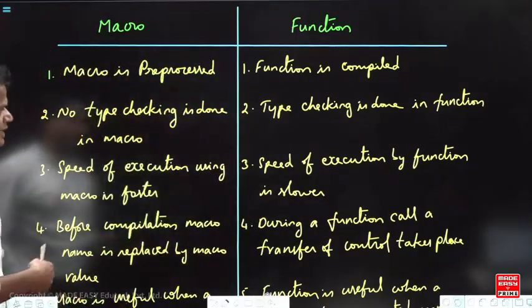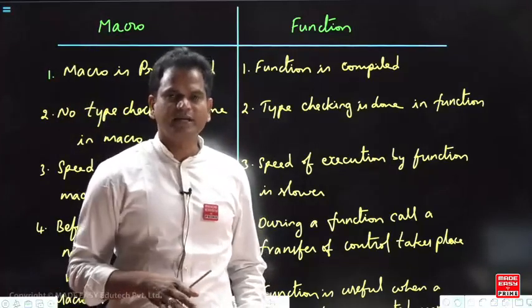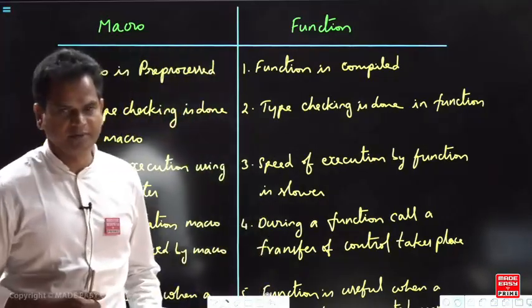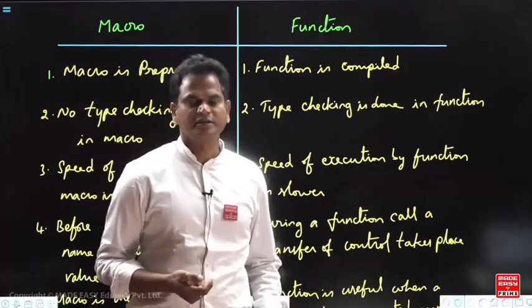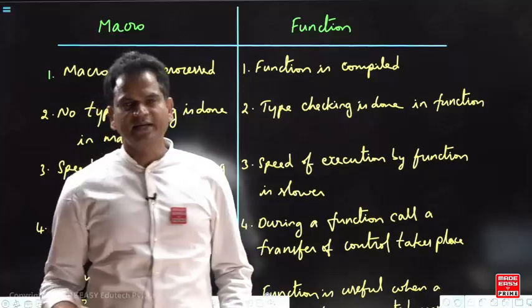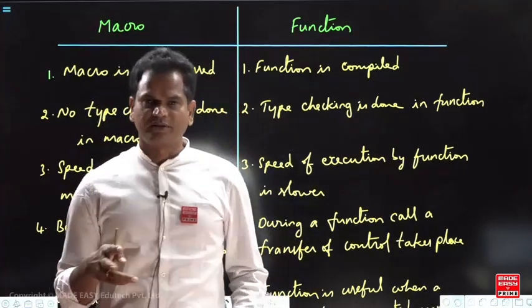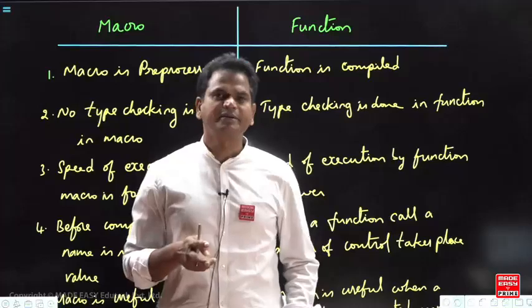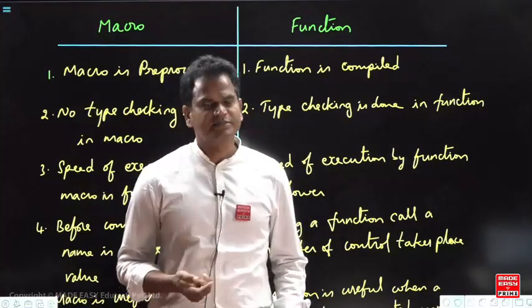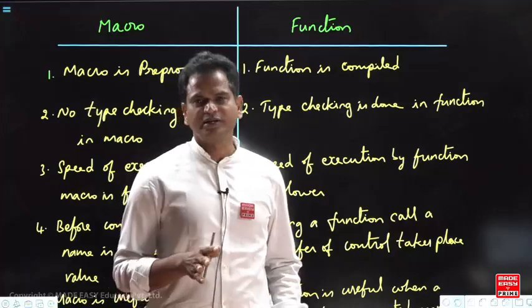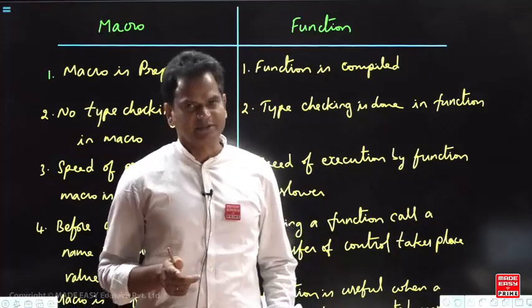If you are trying to do some operation between two variables of different data types, for example A and B are two different variables, and A is of integer data type and B is a float number, then doing some operation between A and B is a type checking error, because you are trying to operate on two different data types.